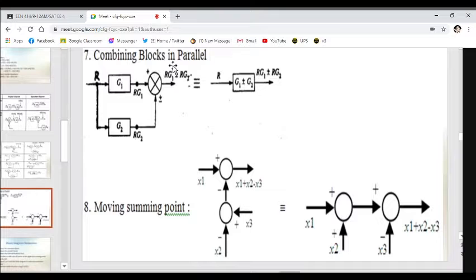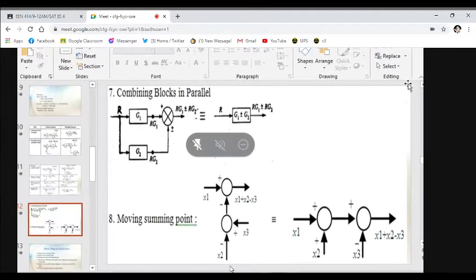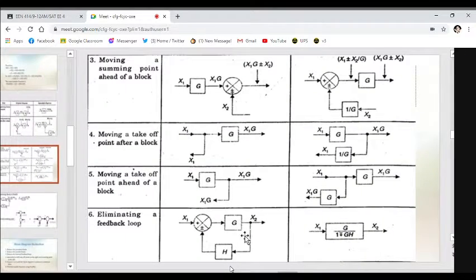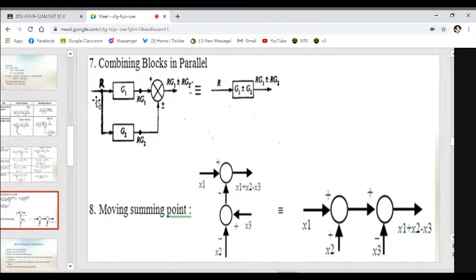Okay, combining blocks in parallel. So, naka-parallel to, no? This one is different from this. Kasi ito, tignan niyo yung arrow pabalik. No? Pabalik yung arrow. Dito naman, naka-parallel. So, papunta silang pareho. Kung naka-forward sila, papunta silang output. So, kung ganyan, you have to either add or subtract.